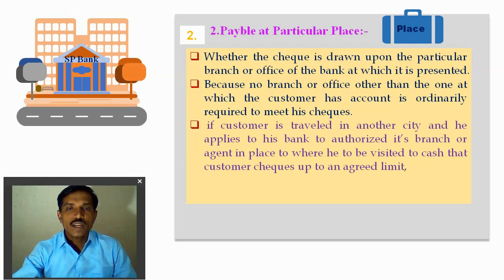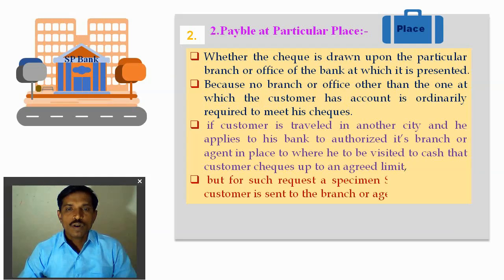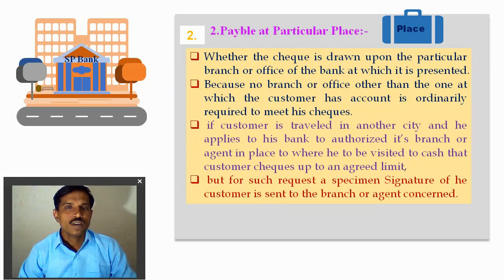But for such a request, the specimen signature of the customer is sent to the branch or the agent concerned. So here we are looking at the payable at a particular place precaution taken by the paying bank.